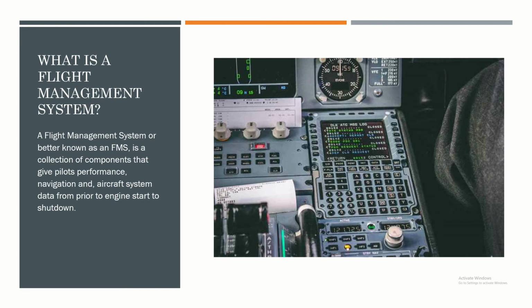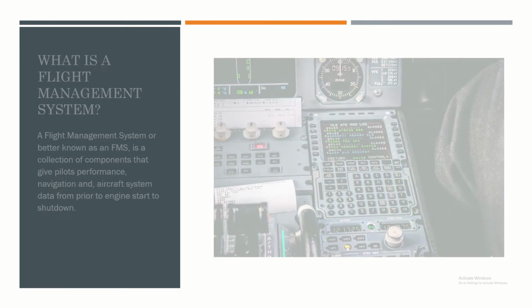And all of this data gives pilots help with navigation, finding the best route, the best performance settings for the aircraft, and pretty much the most efficient flight plan for the aircraft to help save some money for the airlines.